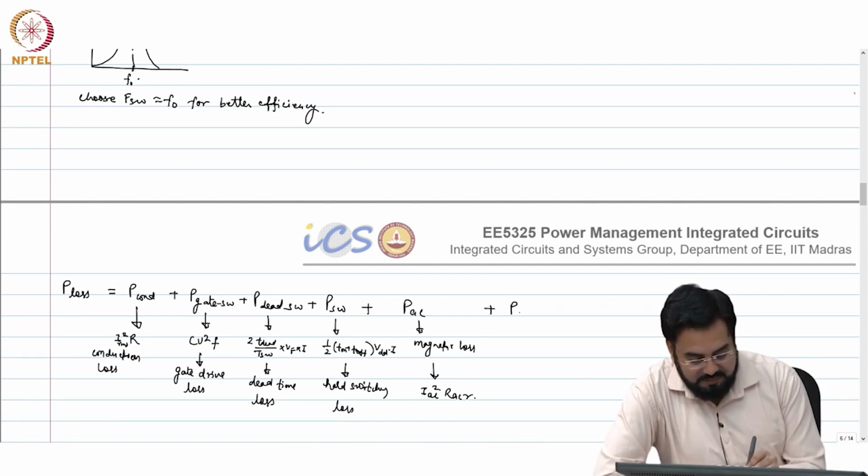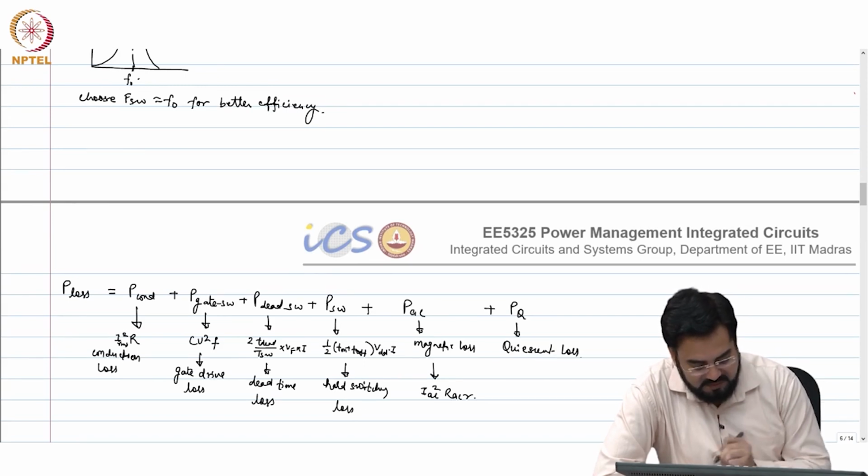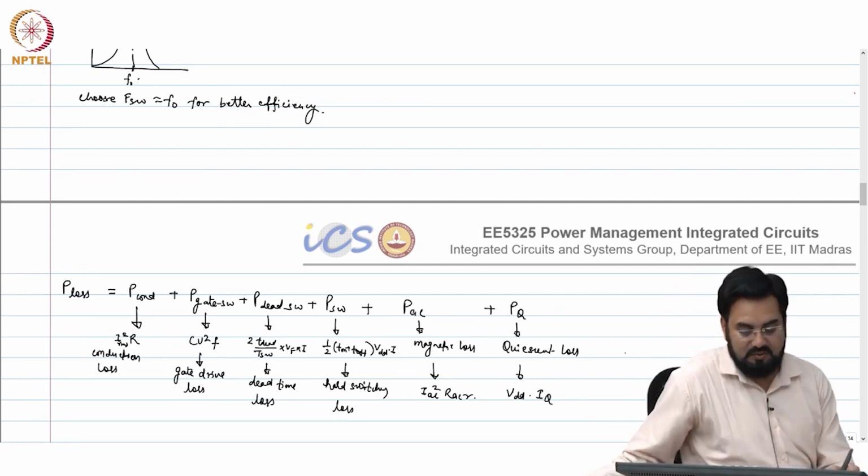There is something called P of Q, the quiescent current, quiescent loss. This is your VDD into IQ. And what is IQ?